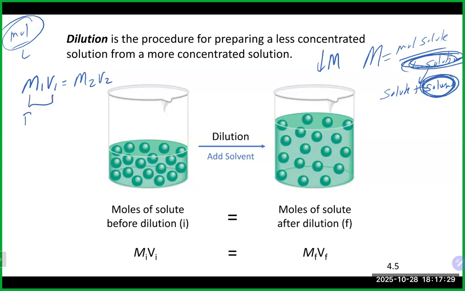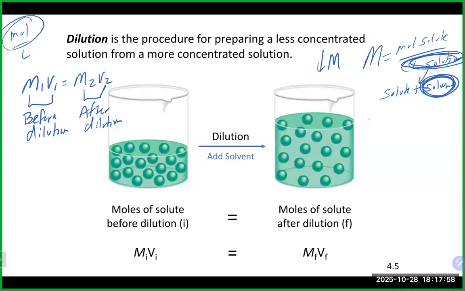This is usually before the dilution, and this is usually after the dilution. It really doesn't matter as long as you keep the numbers together. Now, this equation is commonly used because the most common unit of concentration is molarity. So M1V1 equals M2V2 is typically what we use.